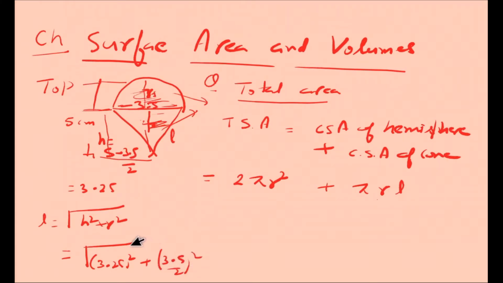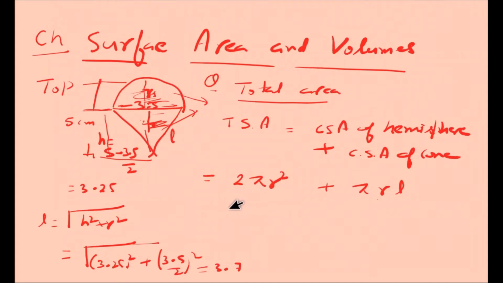Using this you can calculate it, which is approximately 3.7. Now this calculation you have to do yourself, otherwise you cannot do the complete calculation in the examinations. So square this, add this, take the under root and find the answer yourself.